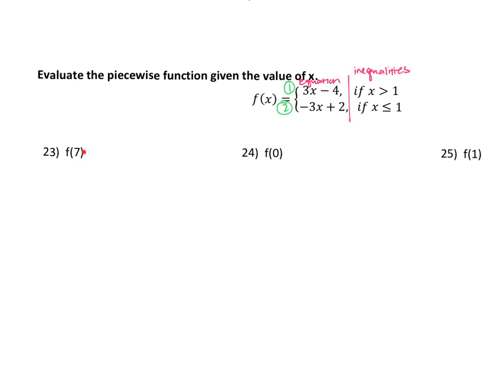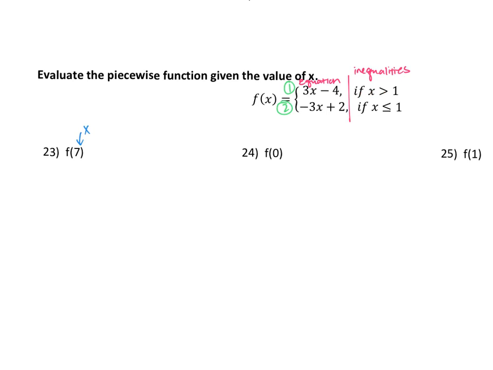So what we have to do is figure out what x value we have. We have 7 as our x. So if x equals 7, which equation do we have to use? Well, 7 is bigger than 1, right? So x is 7 and it's bigger than 1. It's definitely not less than 1, so we have to use the first equation.